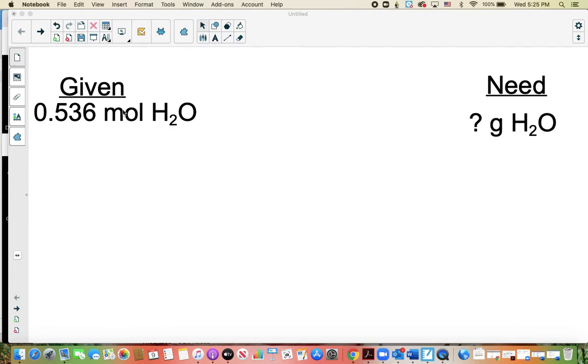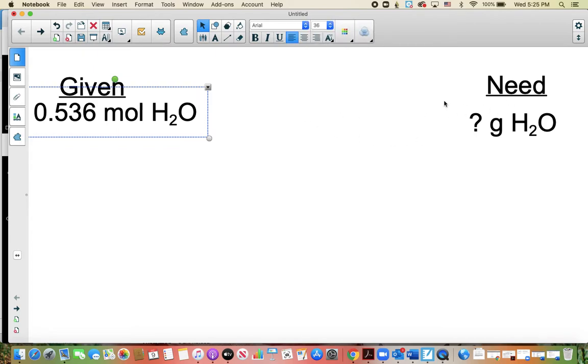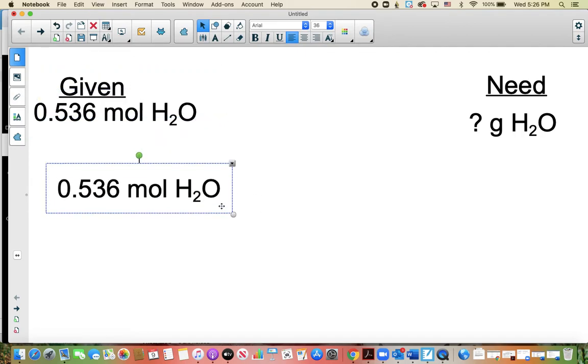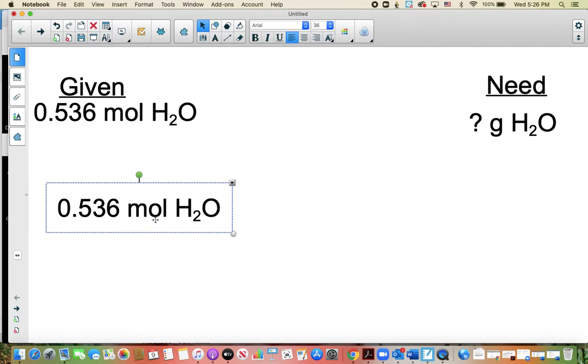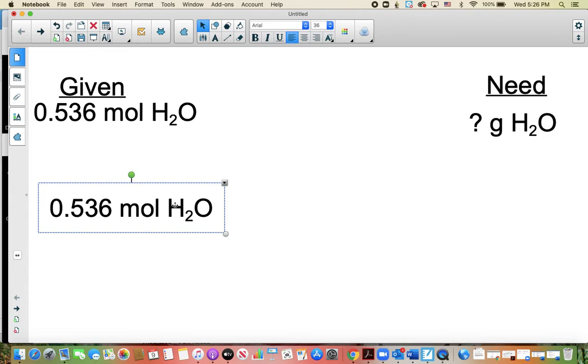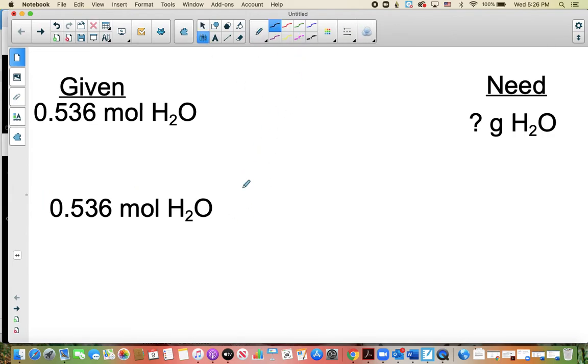I would strongly encourage you to set up all problems along this format. I'm going to try and copy and paste and edit because I write really poorly on here, so bear with me as I try to type and get things in place. I'm going to use the pen for my fraction bar.